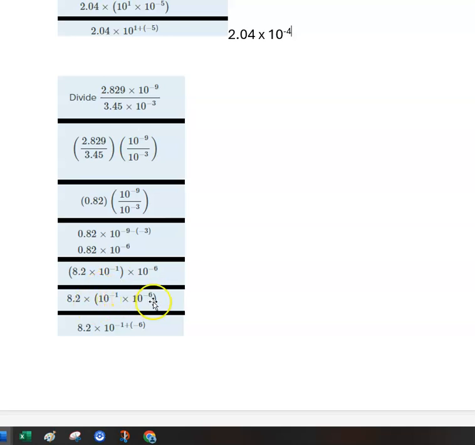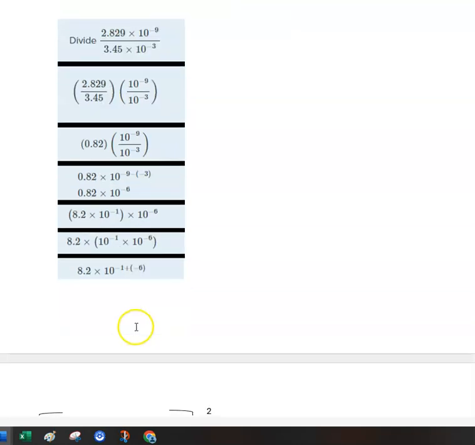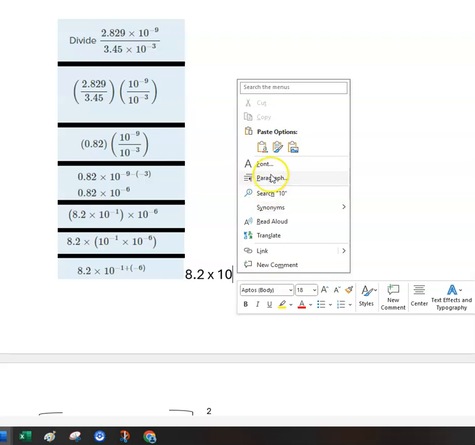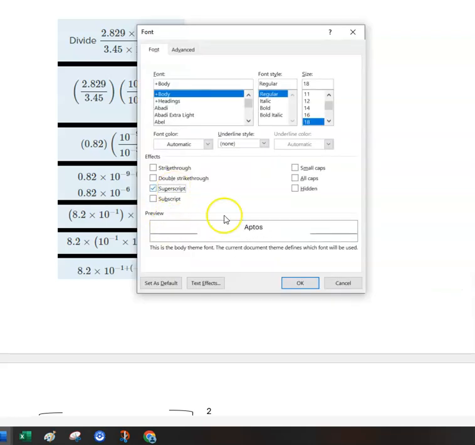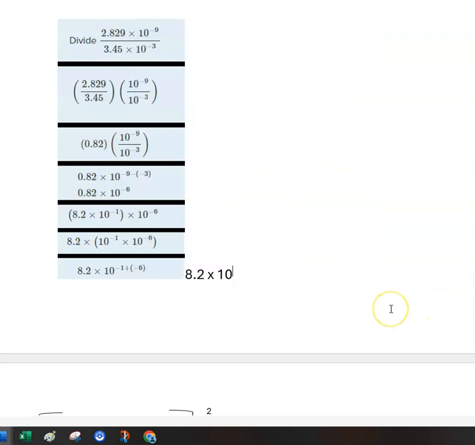Again, I'm going to group these guys right here, the same bases, so that means negative 1 plus negative 6. That gives me 8.2 times 10, let me superscript it real quick, to the negative 7.